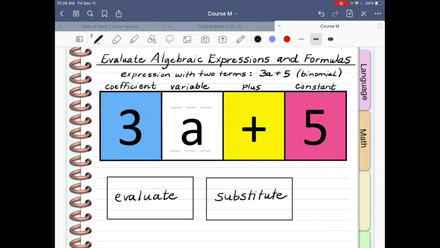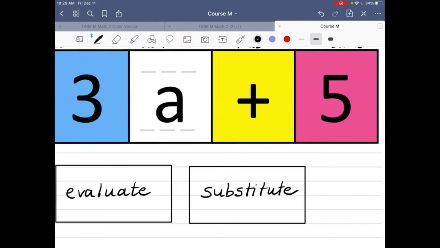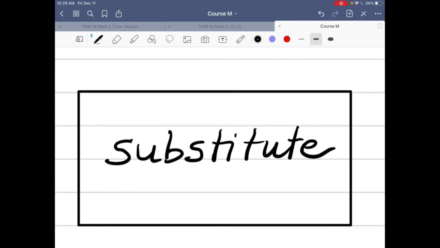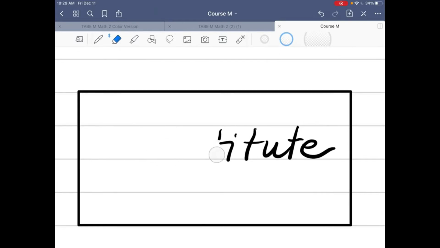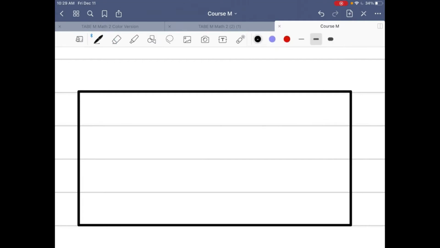So let's start with substitute, because in math you have to substitute before you can evaluate. And you've heard this term probably in your lifetime, even if you've had a substitute teacher, or if you substitute water for milk in a recipe.